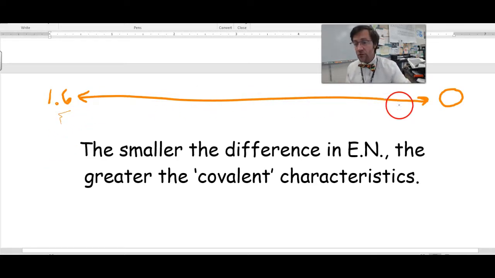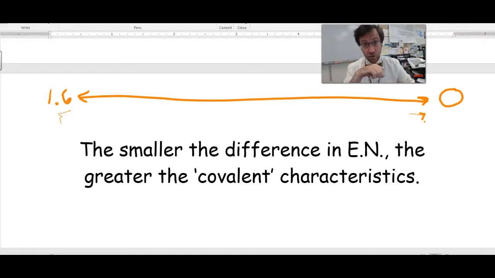But you come way over here at an electronegativity of 0, that's where it's going to be very soft. It's going to bend super easy, and it will not be brittle whatsoever. Over here at 0, you're going to have a relatively low melting point, maybe even below 0.